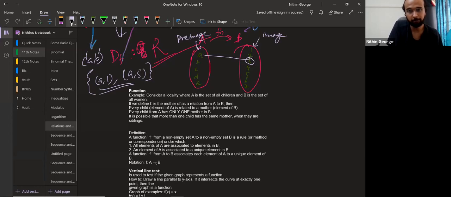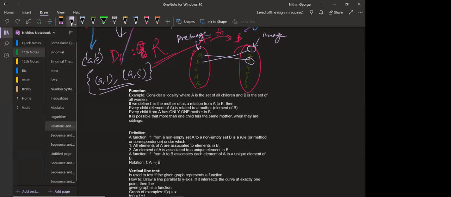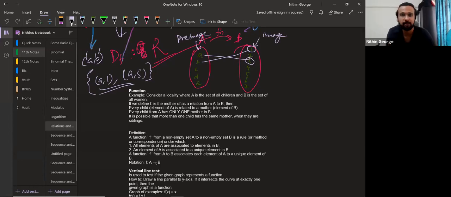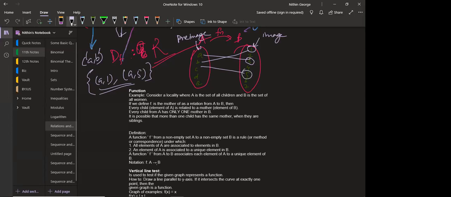Now, suppose B points to 1. Is it a function? Yes, sir. Okay. Now, C is pointing to 5. Is it a function? Yes, sir. B is pointing to 7.